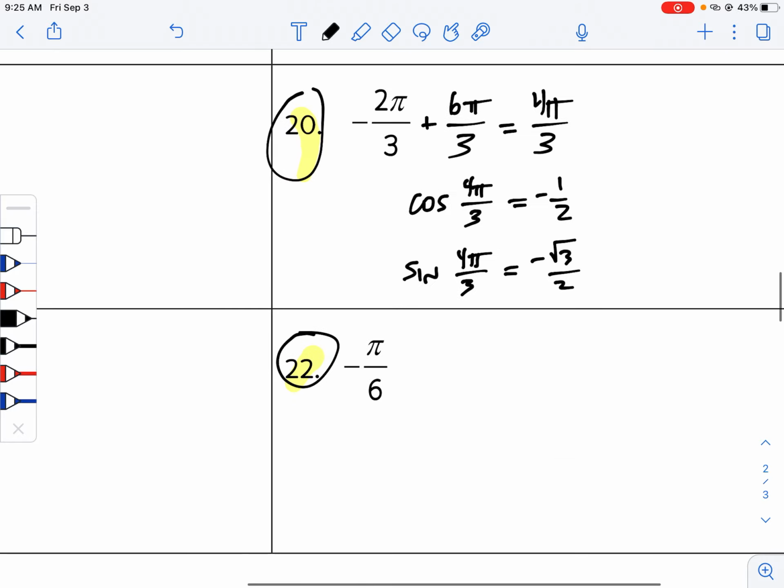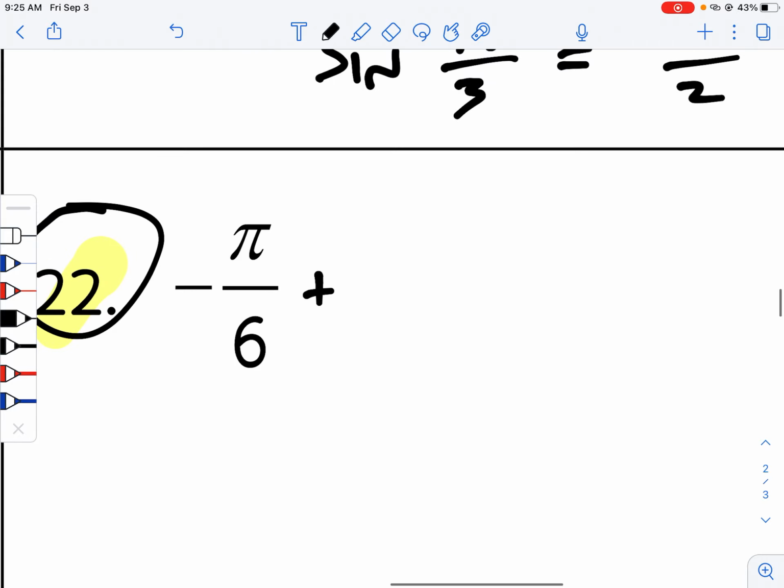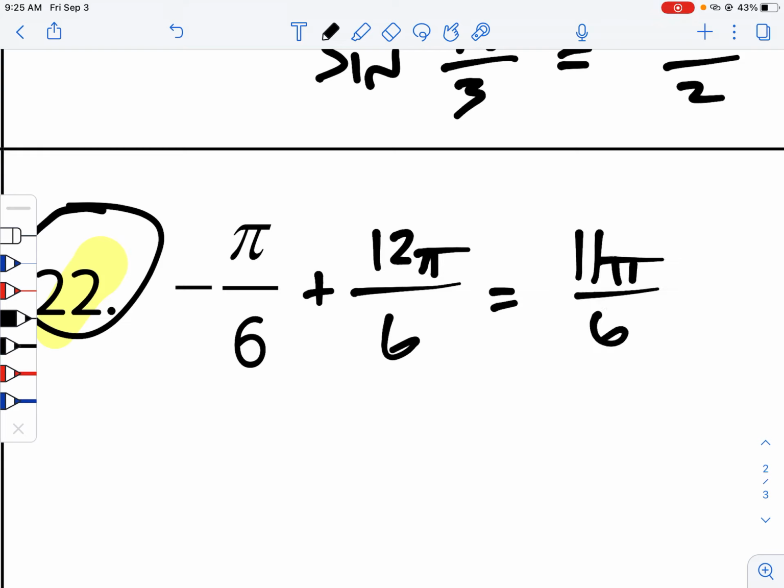All right, same thing here. I'd want to add 2 pi to this. However, I can't add 2 pi because they're not common denominators, so I'm going to add 12 pi over 6 because that's the equivalent of 2 pi. 12 divided by 6 is 2. That's going to give me 11 pi over 6. So that's the angle that I can locate on my unit circle.